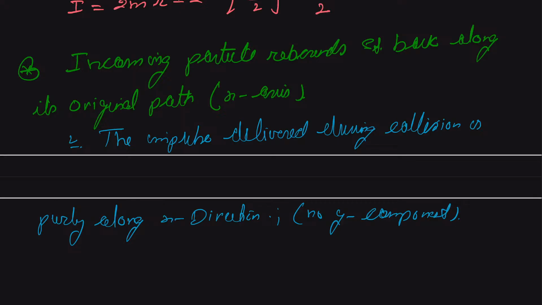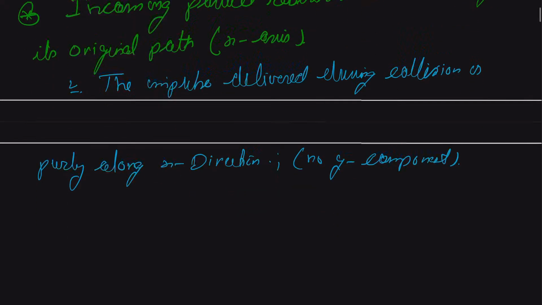And it is also given in the question that the rod is rigid and at an angle of 45 degrees. Therefore, the collision at A will result in both the translational motion as well as the rotational motion of the system.